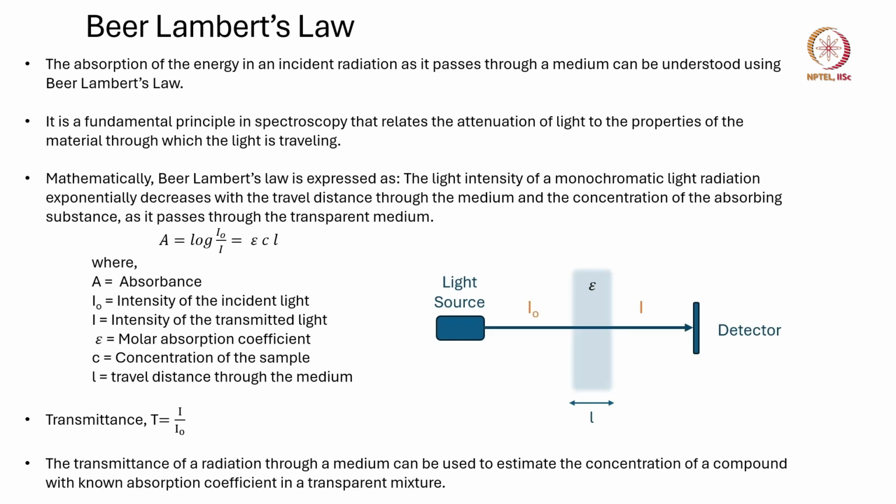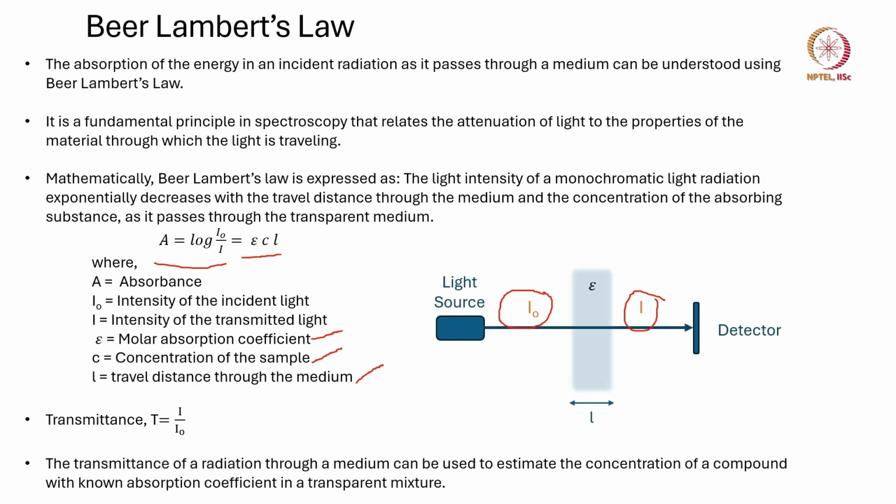So the relation is shown here in mathematical terms as A, which is the absorbance, that is the log of the ratio of the initial radiation intensity and the radiation intensity after passing through the medium. Thus, absorbance is equal to epsilon C L, where epsilon is the molar absorption coefficient, C is the concentration of the sample, and L is the travel distance through the medium, which is the width of this medium.